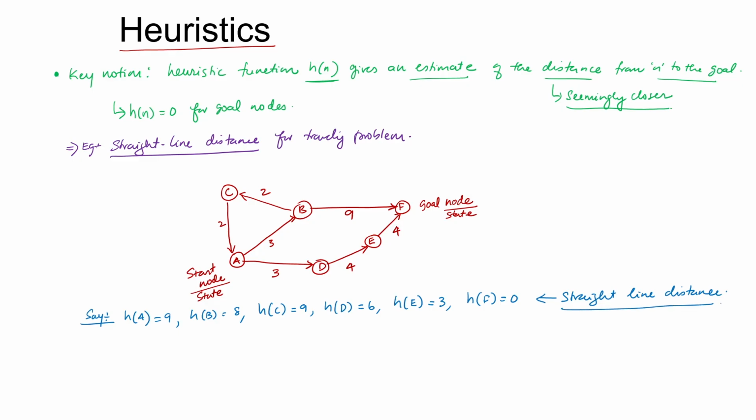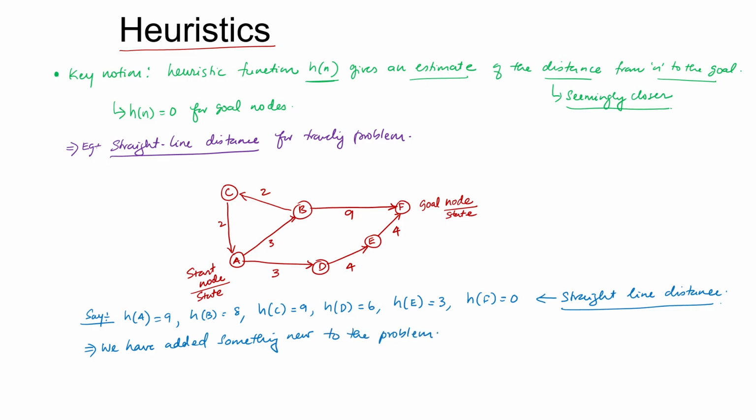So H of A means A is 9 units from the goal node, the straight line distance. B is 8 units straight line distance, C is 9 units, etc. So what we have done is we have added something new to the problem.